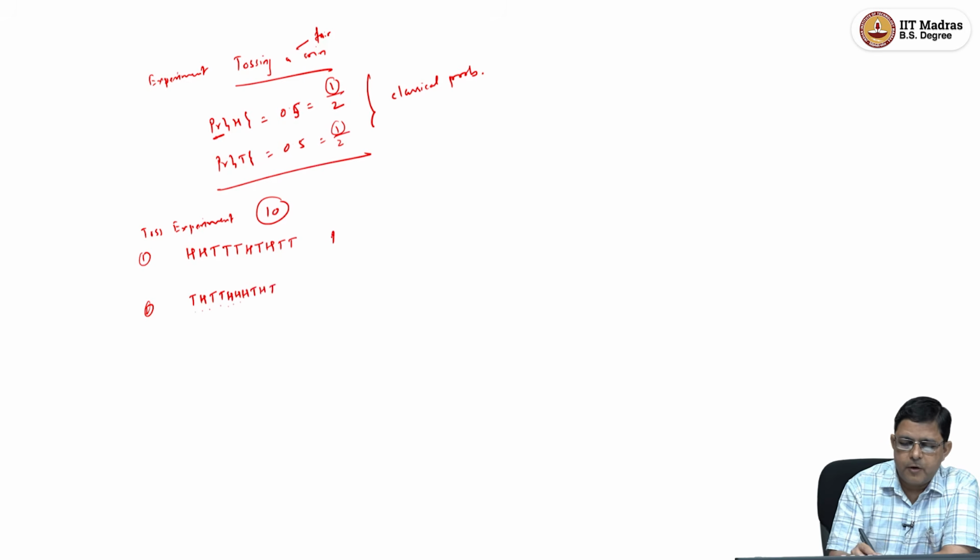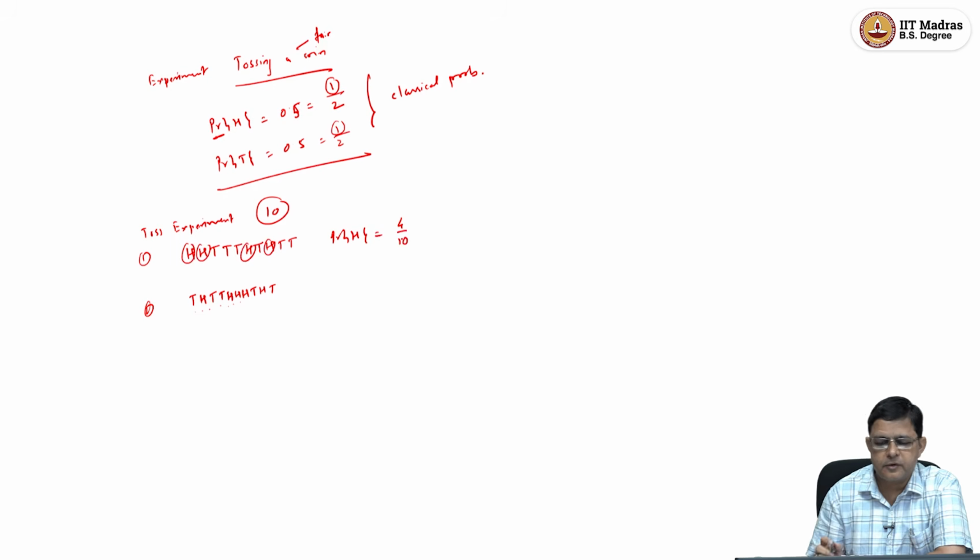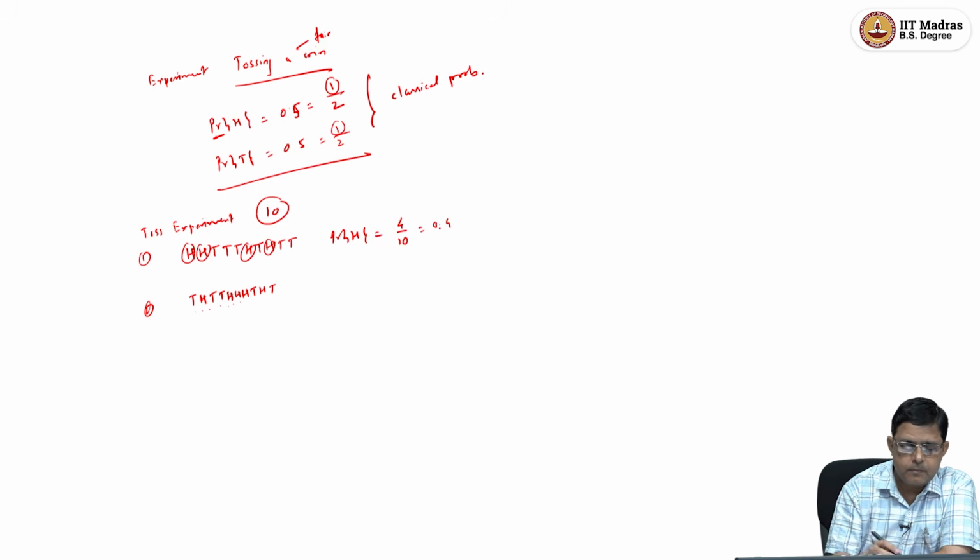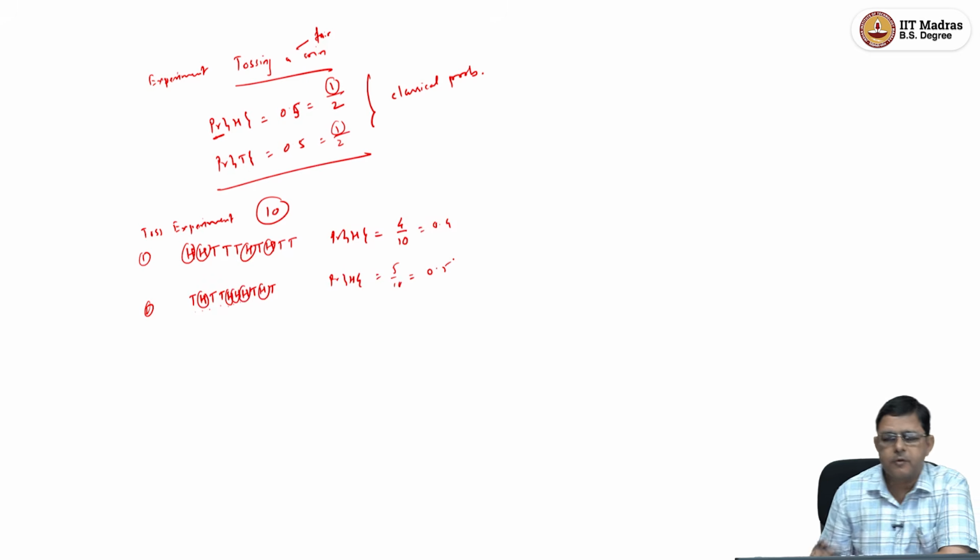Now, what is the probability of heads? 1, 2, 3, 4. 4 heads out of 10 coin tosses. So, it is 0.4. What is the probability of head here? 1, 2, 3, 4, 5. 0.5.